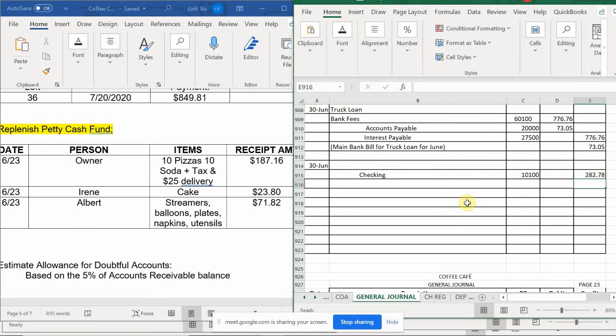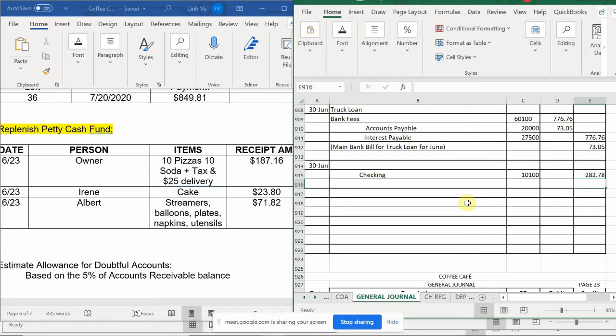So we need to put back in 217.22. No, that's how much cash we have left in the box. The 217.22. That's how much we have left in the box.